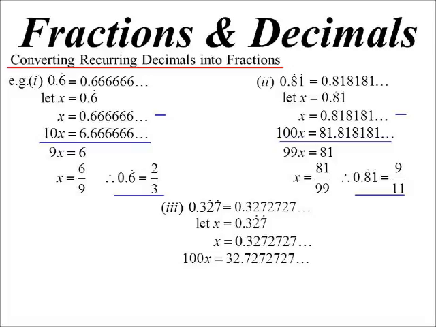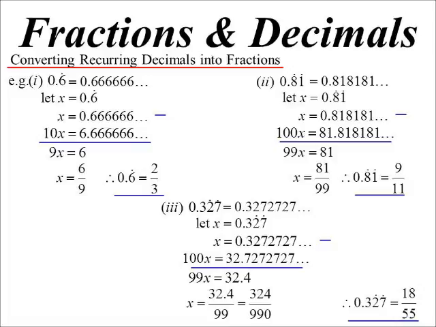So 100x would be 32.7, 27, 27, 27. The 27 bit cancels, and I get 32.4 over 99, but that's a bit messy. We don't normally have decimals on fractions, so we can multiply top and bottom by 10, and we get 324 over 990, 18 on 55.